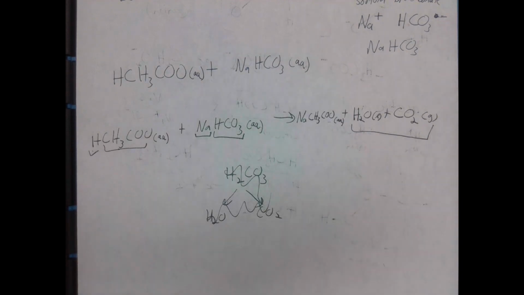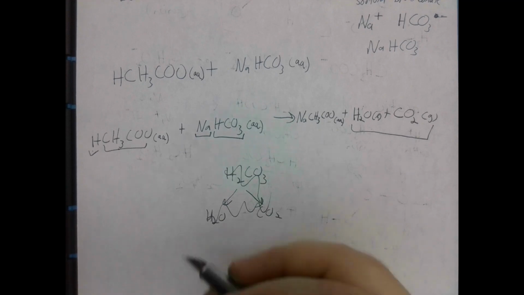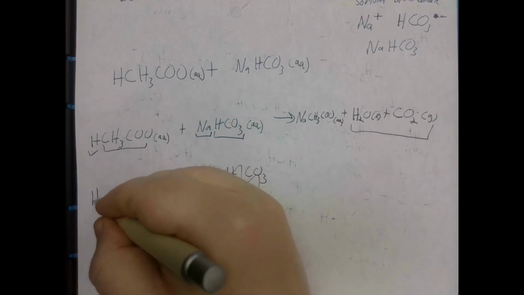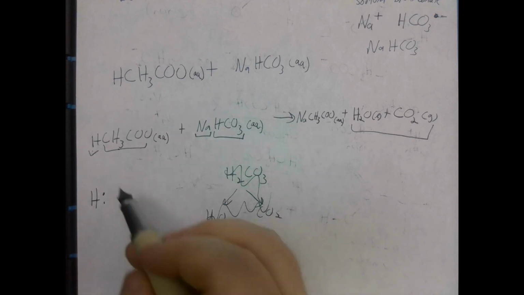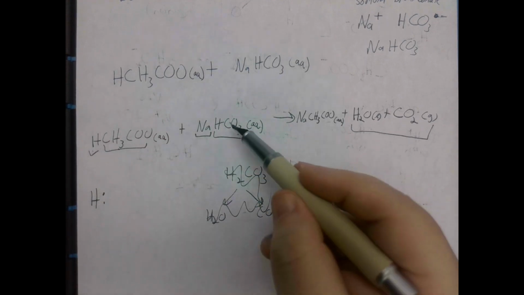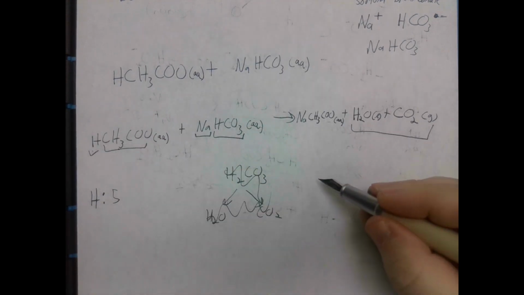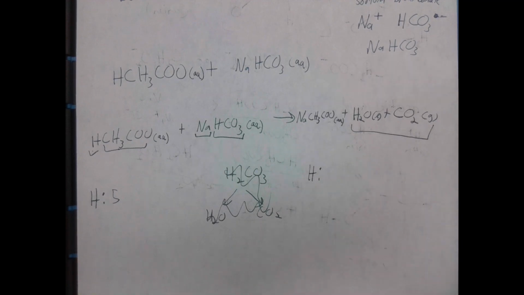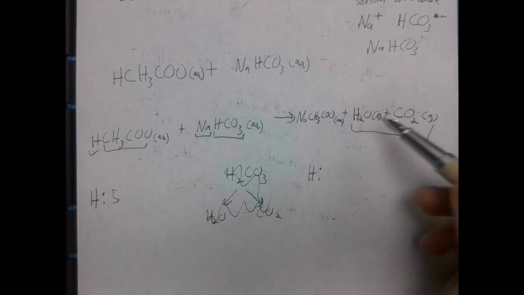First of all, is this balanced? How many hydrogen do I have on the left? 1, 4, 5. How many do I have on the right? 3, 4, 5.